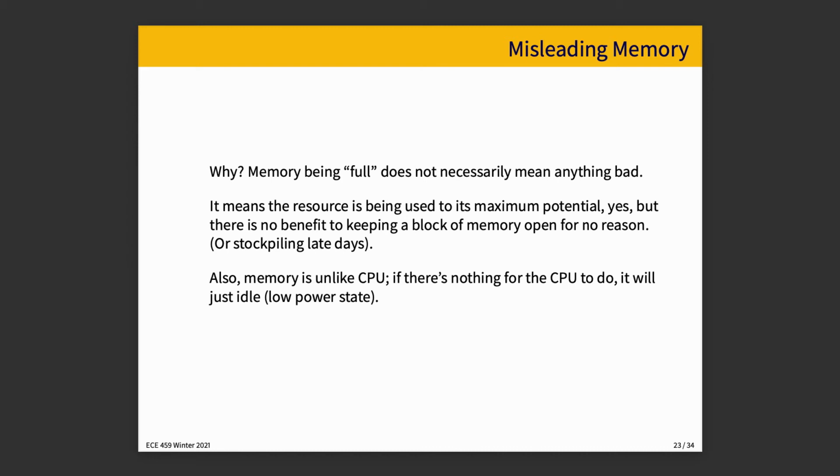The important thing to note is that memory being full isn't necessarily bad in the way that CPU being at full utilization is a sign of a problem, because it just means the resource is being used to store some stuff. There's no benefit to keeping a huge amount of memory open for a just-in-case kind of reason or for no reason at all.